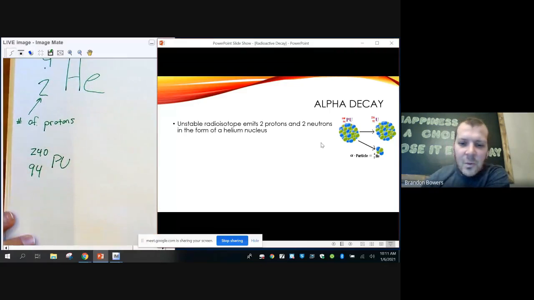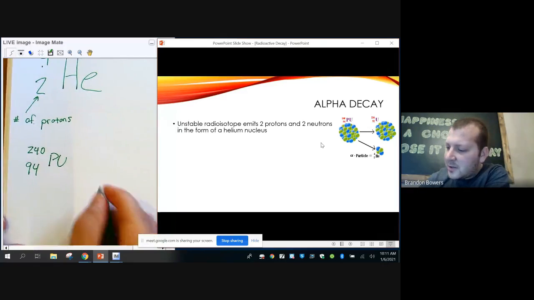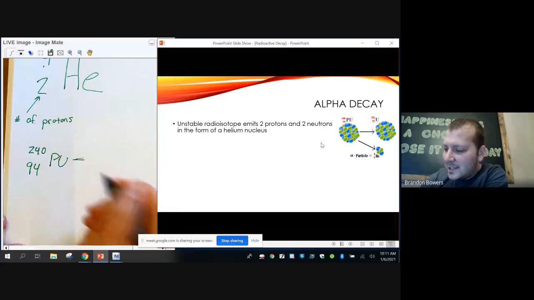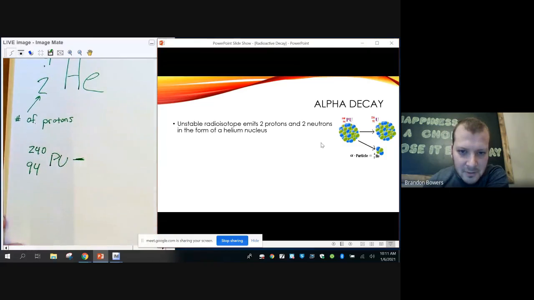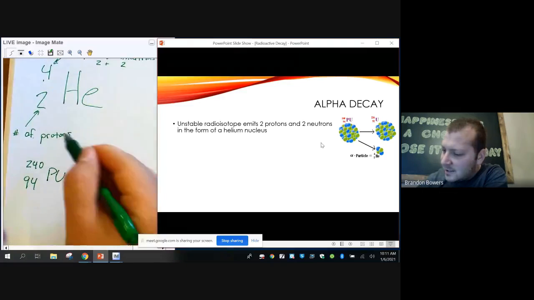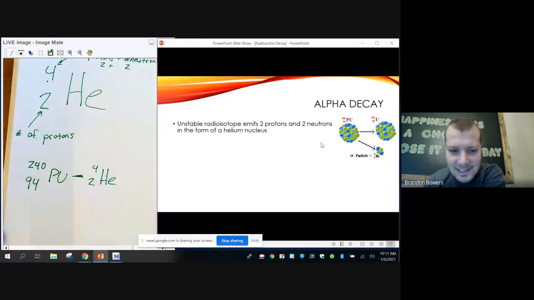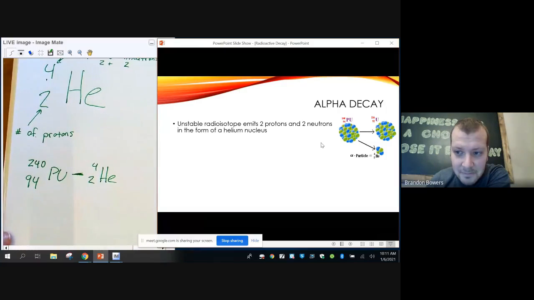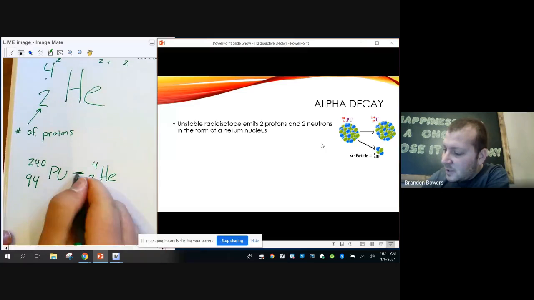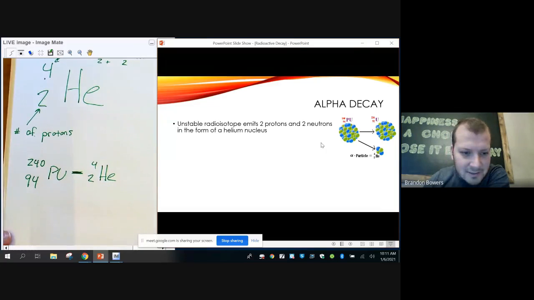When you emit an alpha particle, you subtract it. You're getting rid of an alpha particle, so you subtract a 4-2 helium, and that's an alpha. When you're emitting, you subtract.